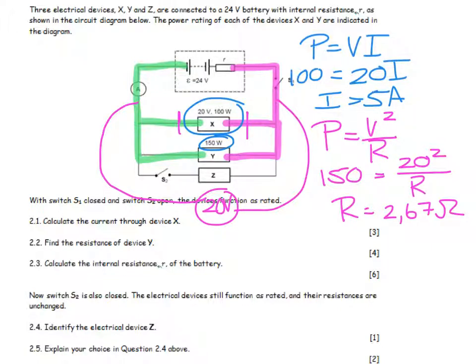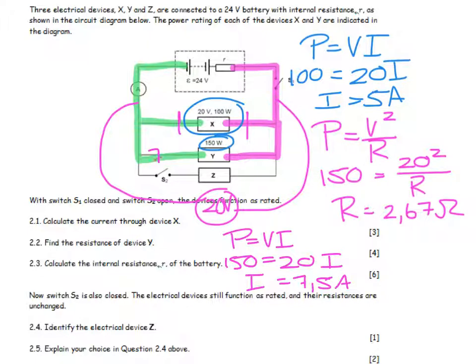Now calculate the internal resistance of the battery. I can work out how much current is on this branch over here by saying power is equal to V times I. I know it's 150 and I know the potential difference is 20, and therefore the current is going to be 7,5 amps.